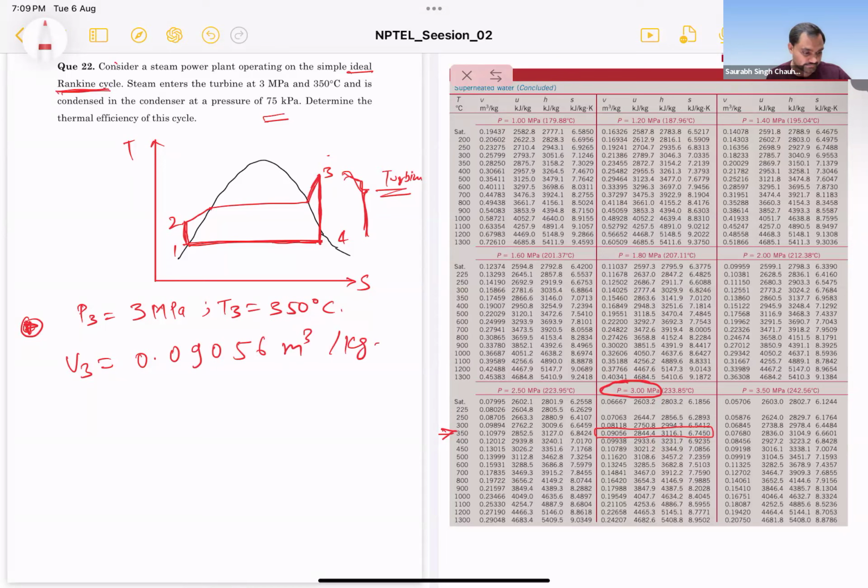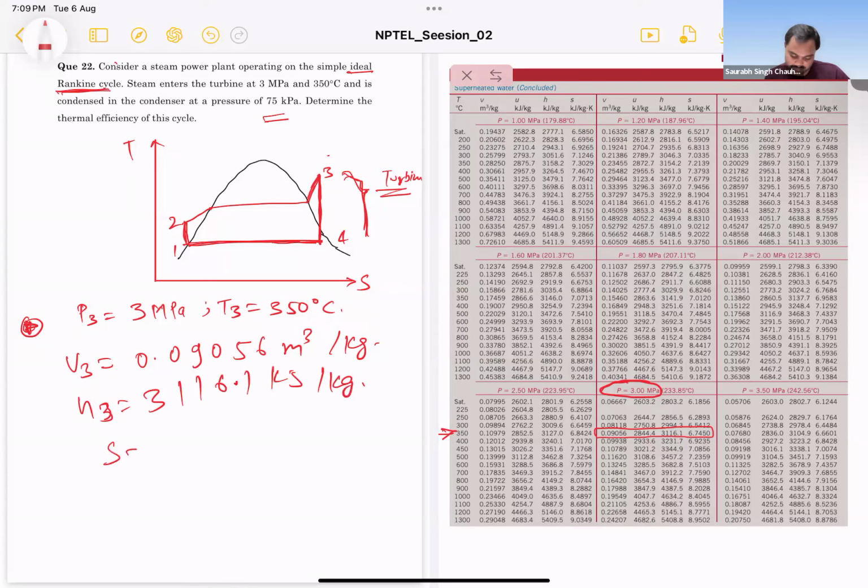Okay, what else is given? Enthalpy is given. How much is it? 3116.1 kilojoule per kg.